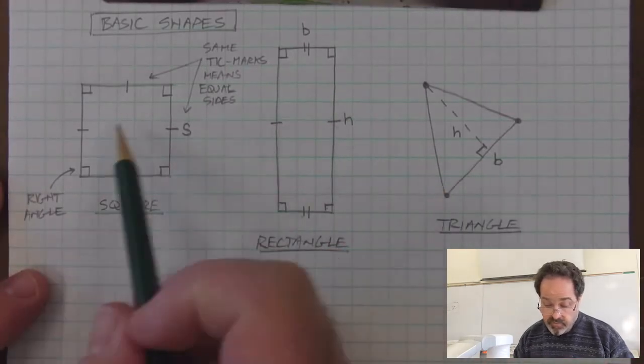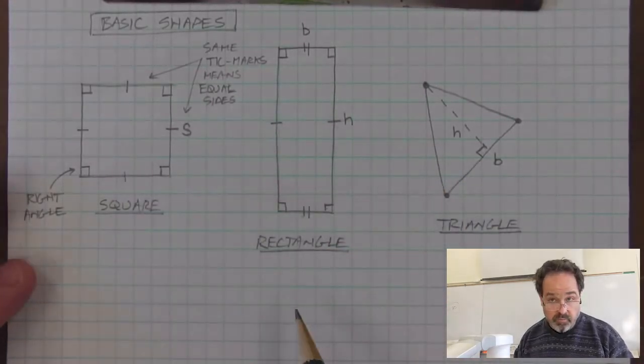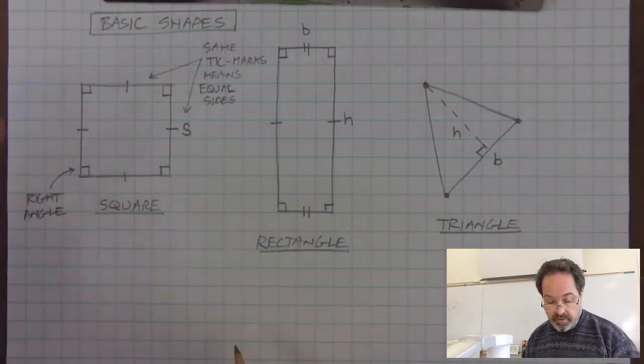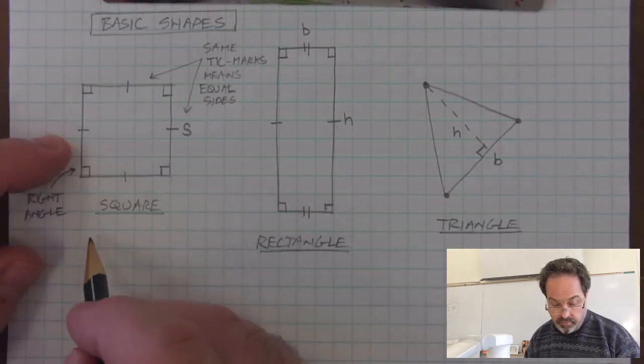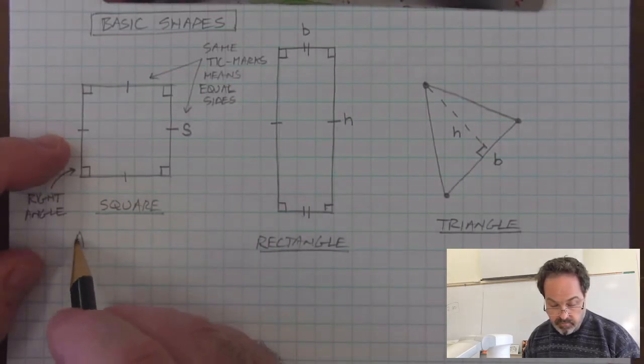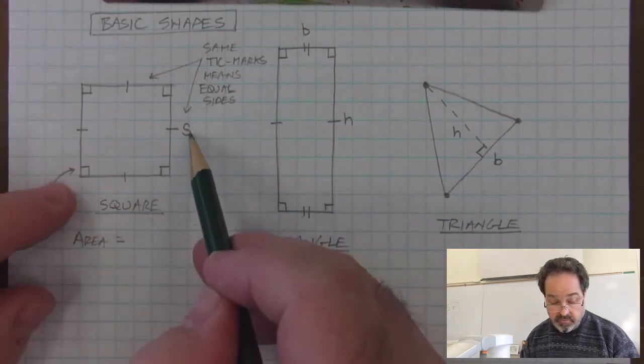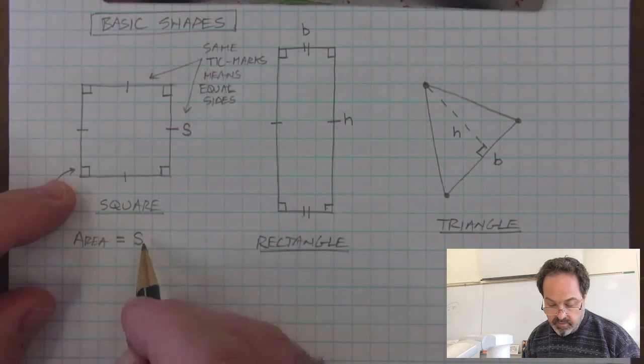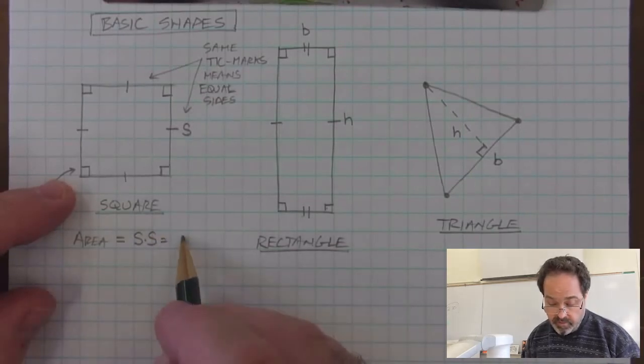When we have these sides labeled, we're able to write formulas for their areas. We can calculate the area of a square if we know the measure of a side by multiplying a side times a side. Or we could say s squared.